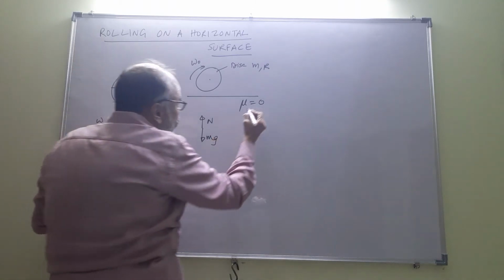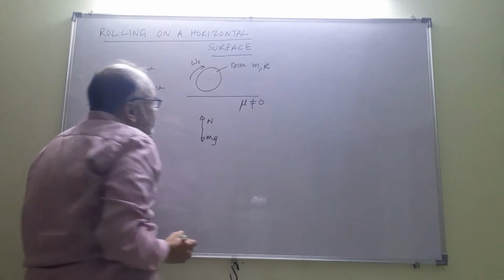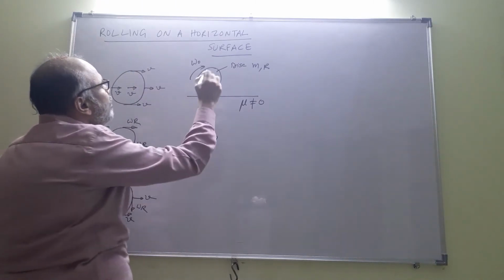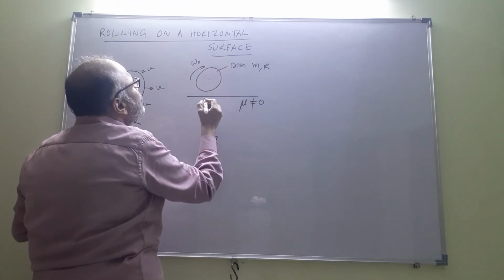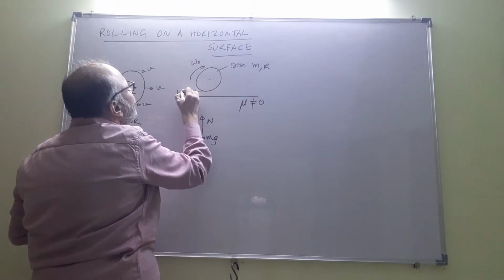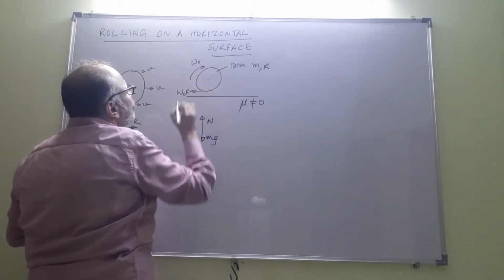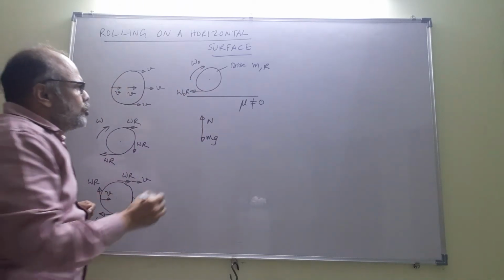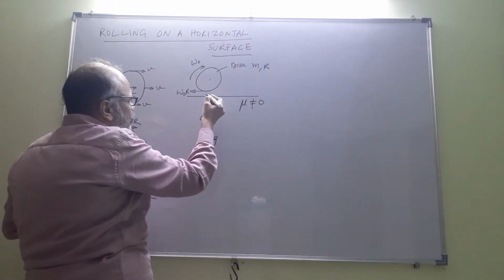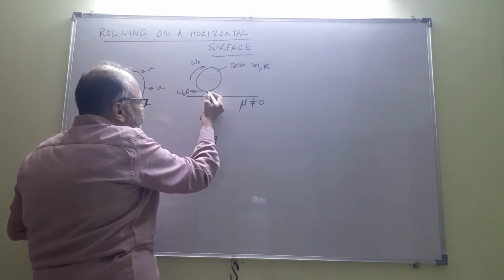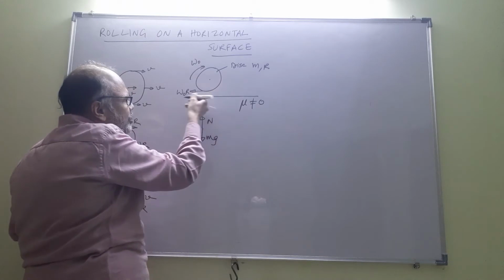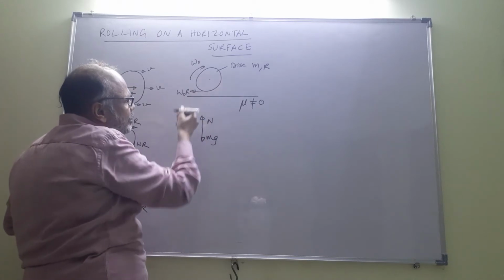Now suppose mu is not 0. Suppose it is a rough surface. See what happens. When you place it, this portion would have a tangential velocity of omega naught times r, and the center of mass is at rest. So this instantaneous point of contact has a velocity towards the left, or it is slipping towards the left.